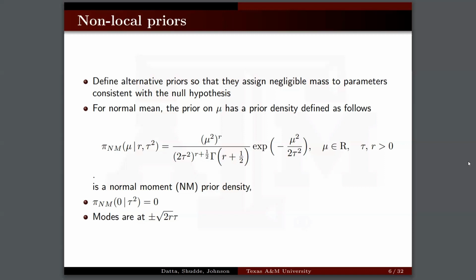A typical example of a non-local alternative prior is a normal moment prior, which you can see in this example. This density is proportional to the raw moment of a normal density. At the null, it puts 0 mass on the parameter space. And I want you to note that the modes of this density are specified using the 2 hyperparameters. We will need this through the course of this talk at the end.